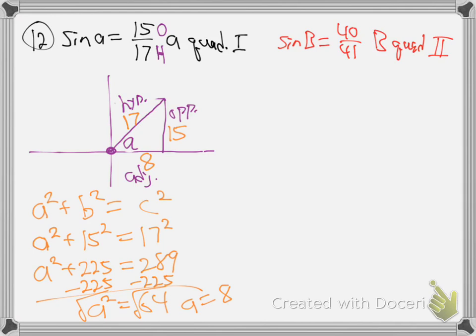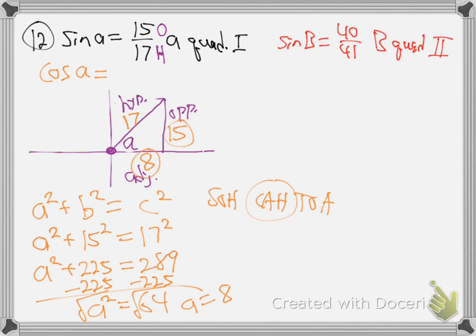Okay, great. Now why did we do all that? Because we wanted the cosine. So now we can say cosine of that angle A. Let me write SOH CAH TOA again. Cosine is adjacent over hypotenuse.